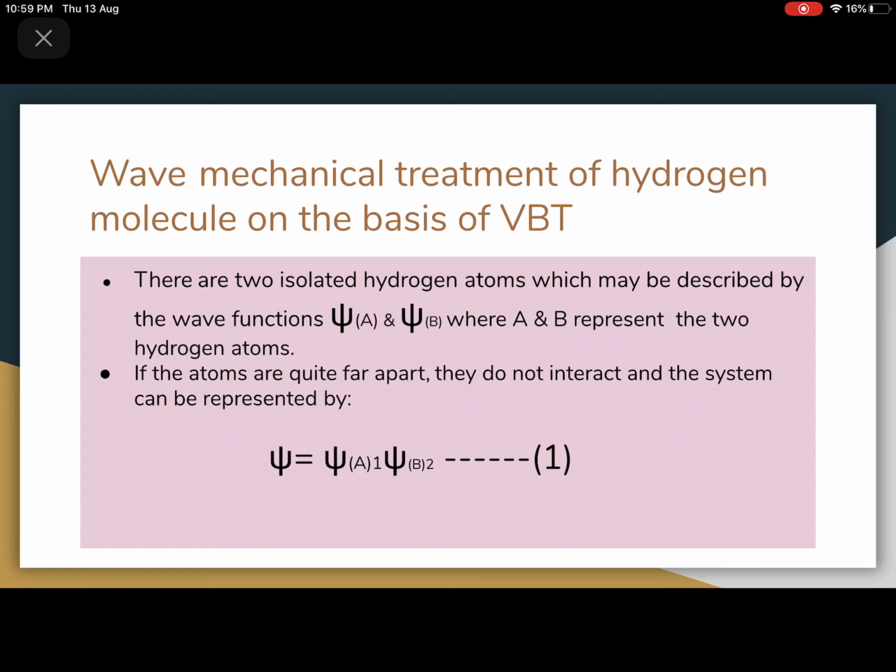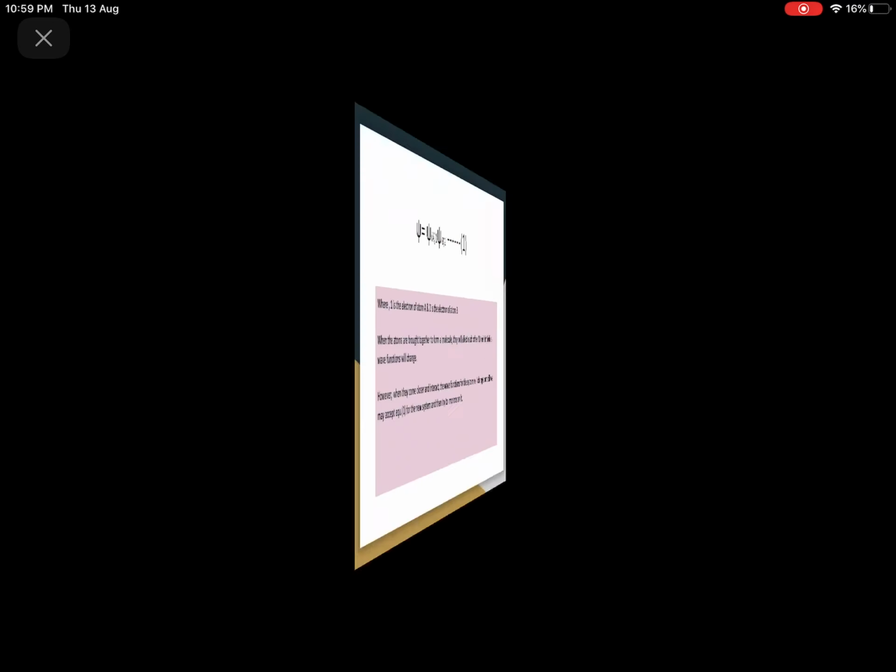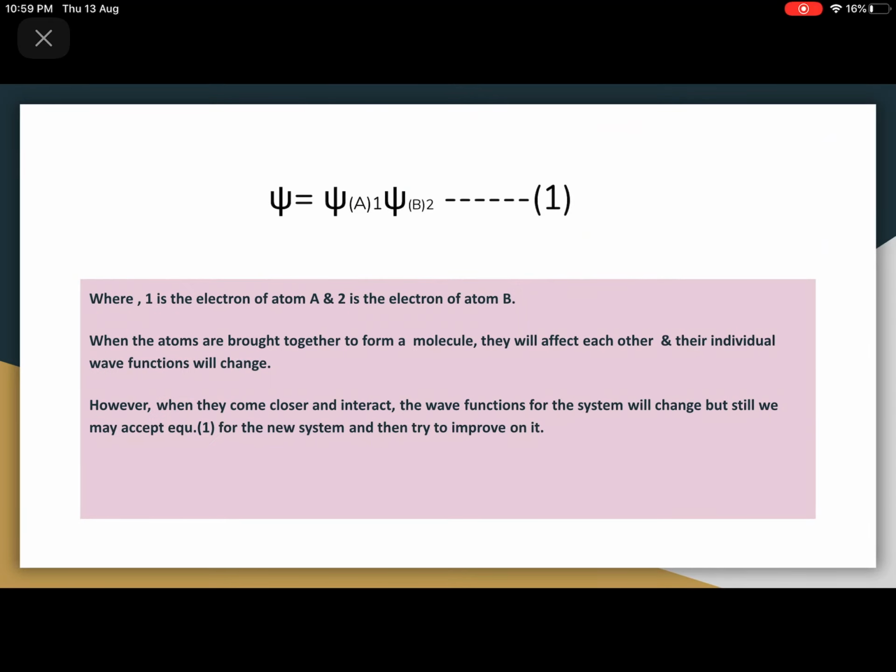If the atoms are quite far apart, they do not interact, and the system can be represented as shown in equation 1: psi is equal to psi A1 times psi B2. This is equation 1 for atoms which are far apart and not interacting, where 1 is the electron of atom A and 2 is the electron of atom B.